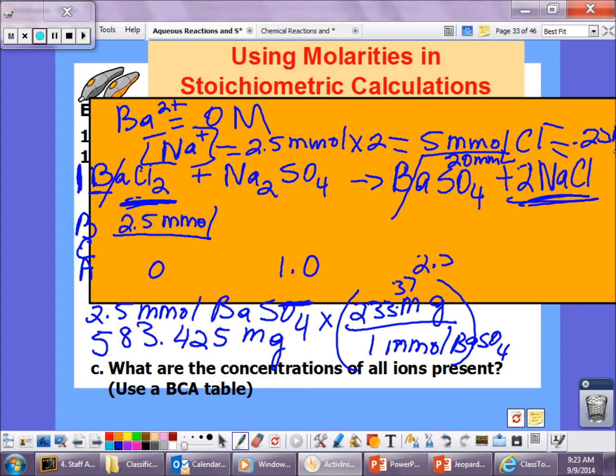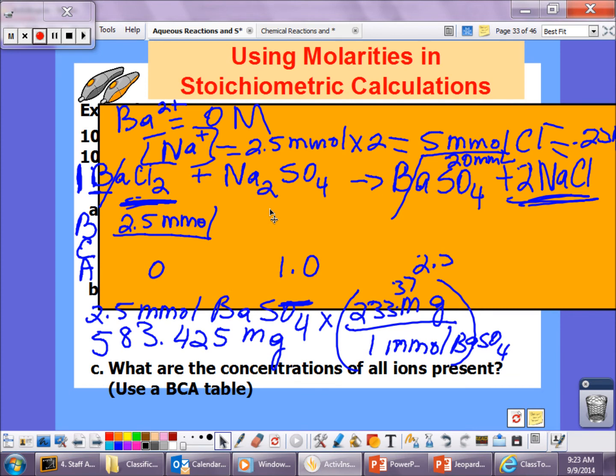Okay, now we are done with barium, we are done with chloride. How about sodium? I see all my sodium is left in solution because it is soluble. What was the millimole? I think it was 3.5 millimoles right here. Is that 3.5 millimoles?